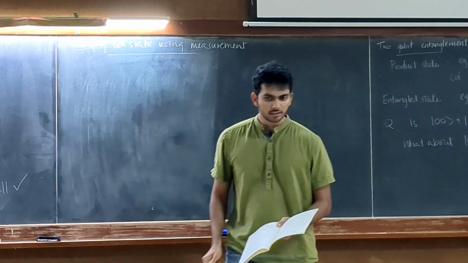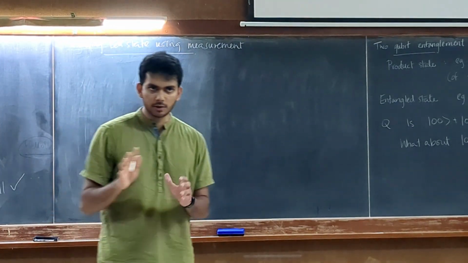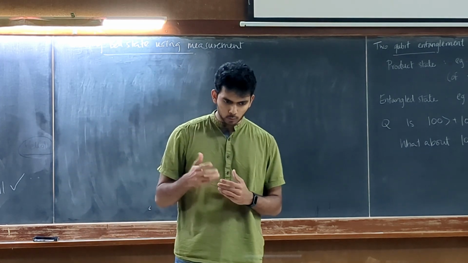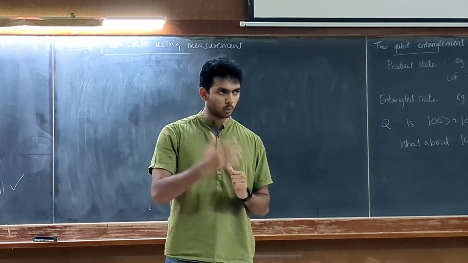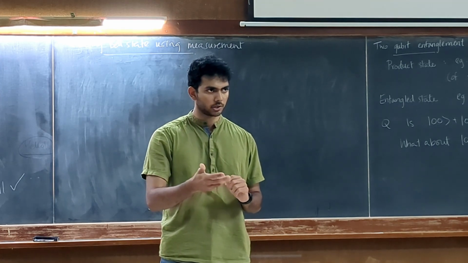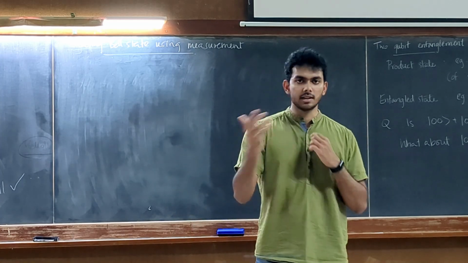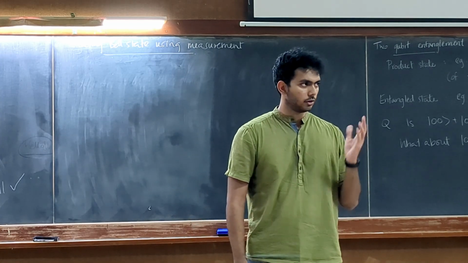Using measurement. I hope everyone is familiar with quantum measurement. What quantum measurement does is that it projects your quantum state into an eigenstate of the measurement operator, or whatever operator you're measuring. Plus, it gives an output which is the corresponding eigenvalue of the operator that you're measuring.